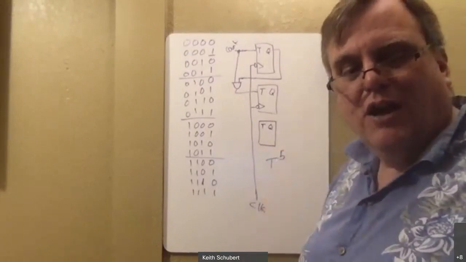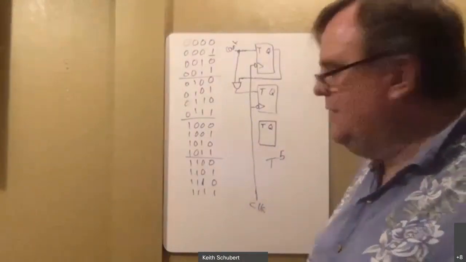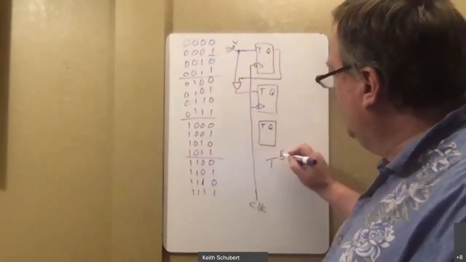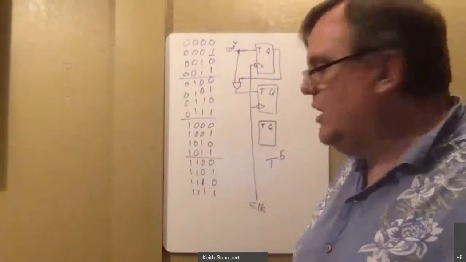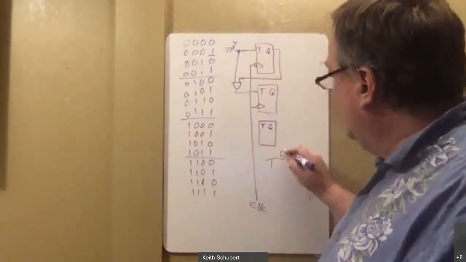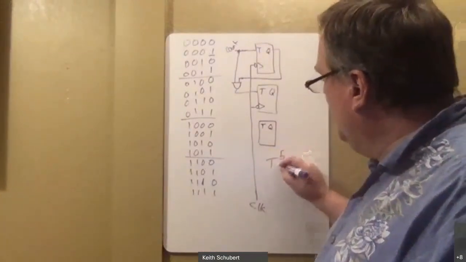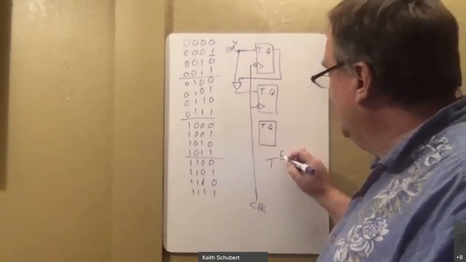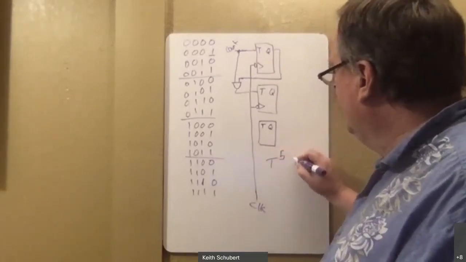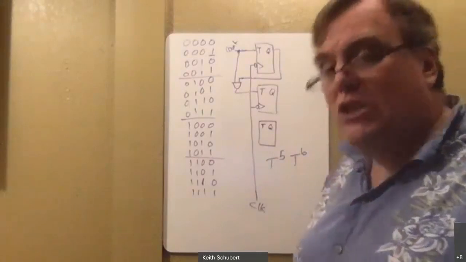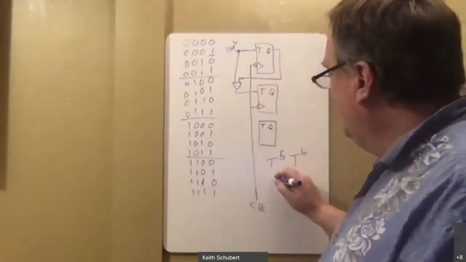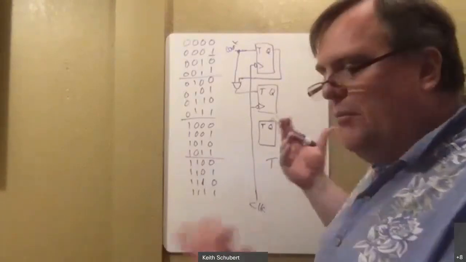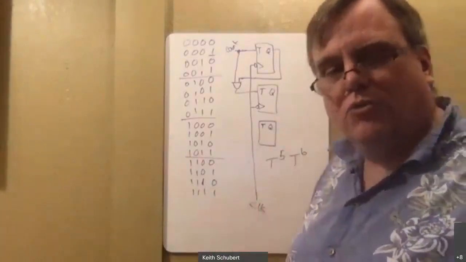So instead of having my 5 down here, my variables are in the exponent. So it's an exponential time. As these variables grow, no matter what this time is here, this is going to get ridiculous. T to the 5th versus T to the 6th is a huge difference, and it doesn't take very long before you end up with something completely unreasonable.